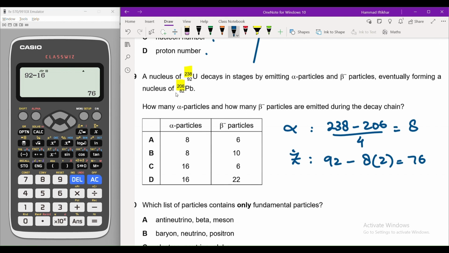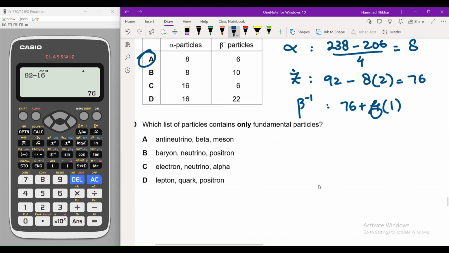So we need to increase the proton number by 4 to reach 82, which means that we need 4 beta particles, because we know that in beta negative decay, proton number increases by 1. So 76 plus 4 times 1. Alpha particles 8. Sorry, no, sorry, 6, my bad. 8 and 6. 82, my bad. 6.